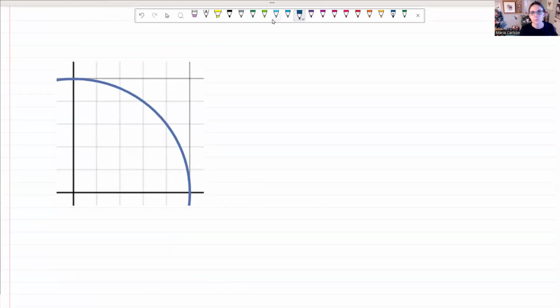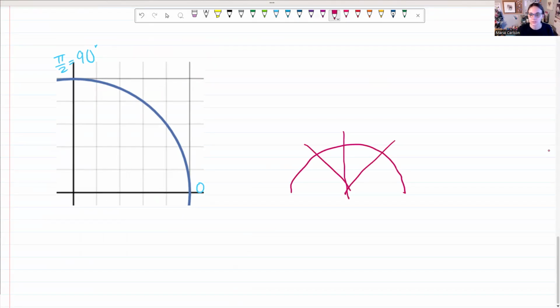We have 0 radians up to pi over 2, which is 90 degrees. And we're going to divide this quarter of a circle into halves, which really, if I think about in terms of the whole semicircle, is dividing it into quarters.